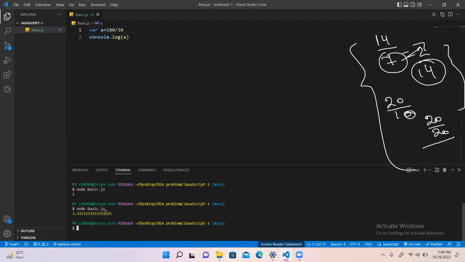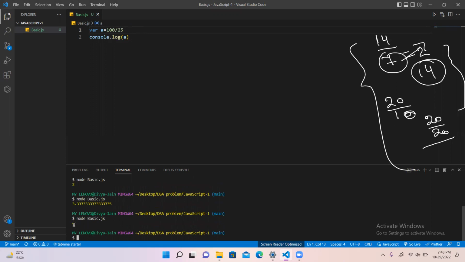So you can check. 30 times 3.3333 equals 100, because we divide that value, no? Okay. So you can divide anything. Don't worry if you don't understand. You can divide anything in that question. You just try. Okay. So this is the answer of 4.